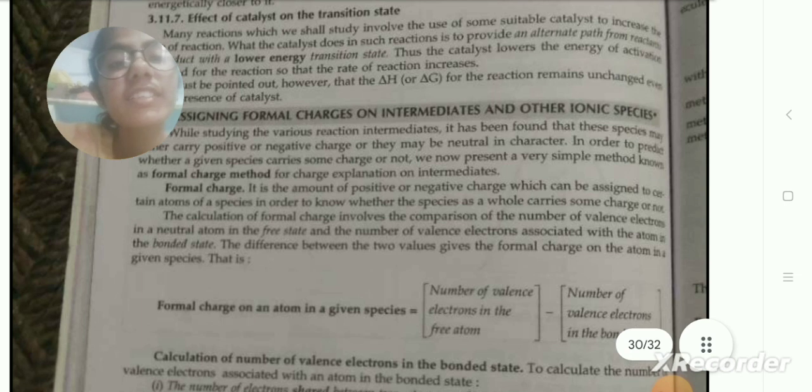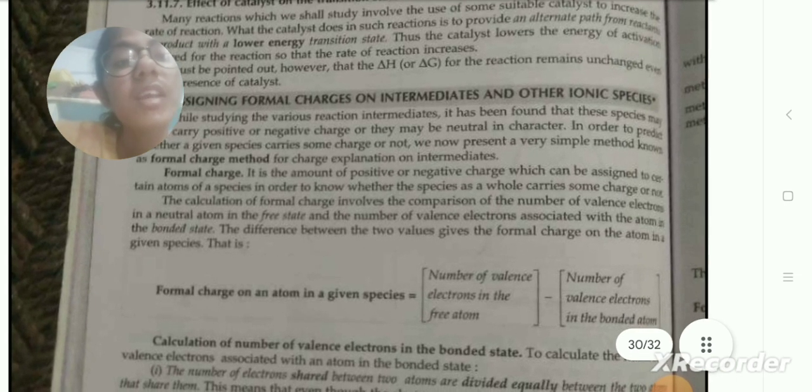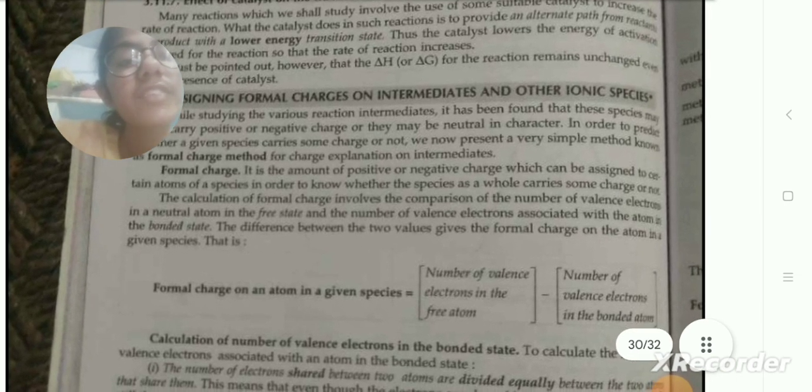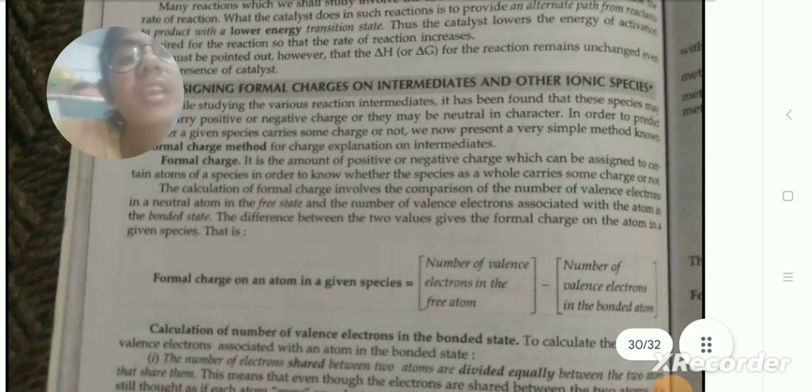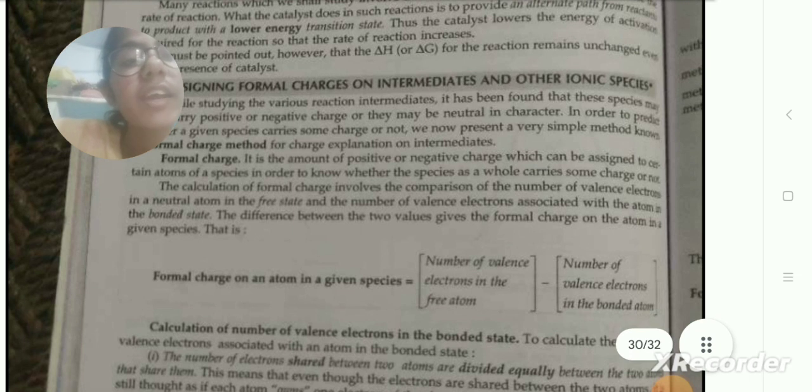Formal charge is the amount of positive or negative charge assigned to an atom or a species in order to know whether the species as a whole carries some charge or not.